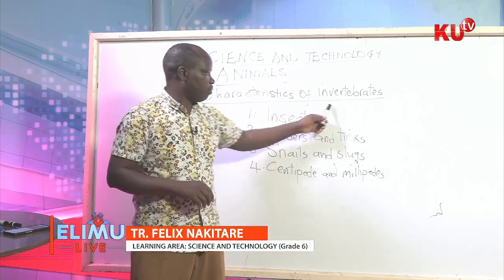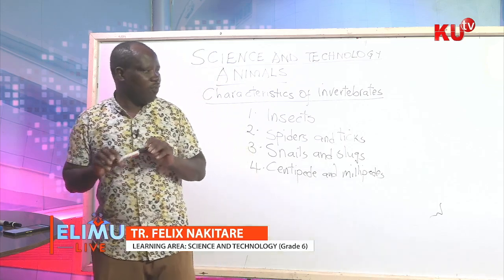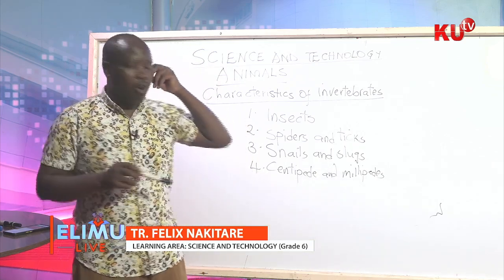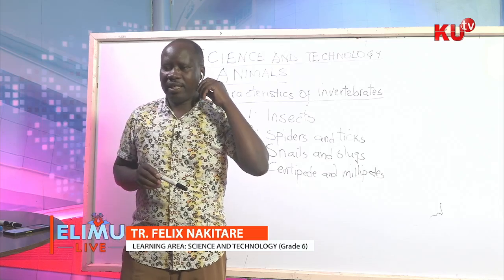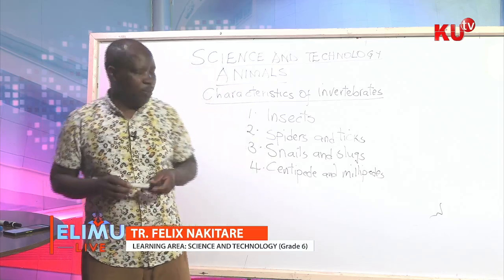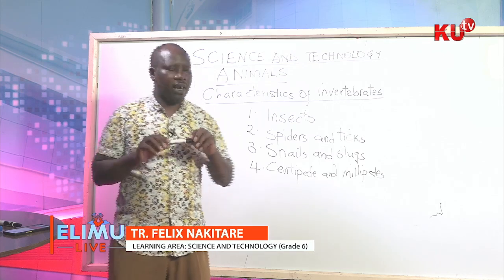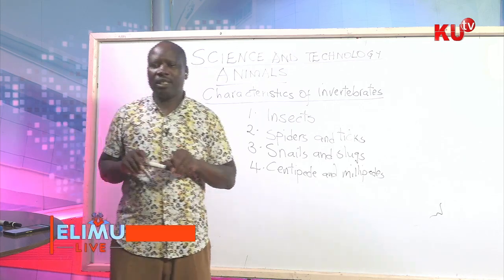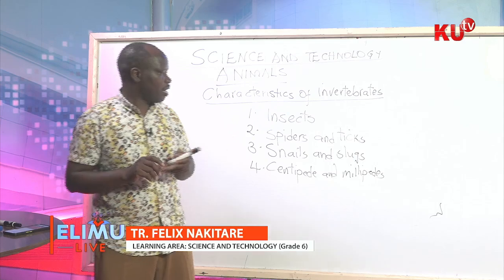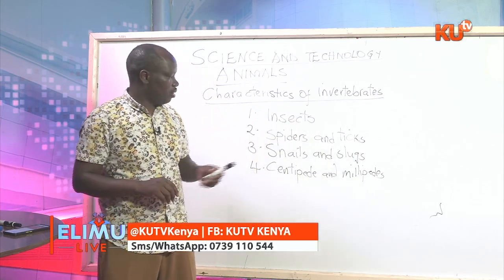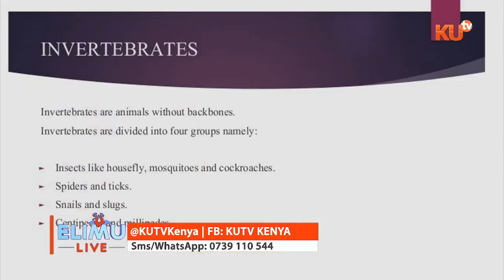After that, we've looked at the categories or the groups or the classes of invertebrates. And we've said invertebrates are put into four groups. Number one, insects. Number two, spiders and ticks.